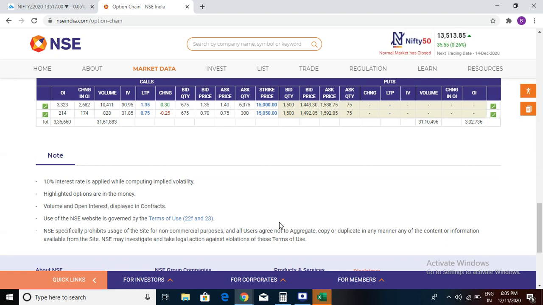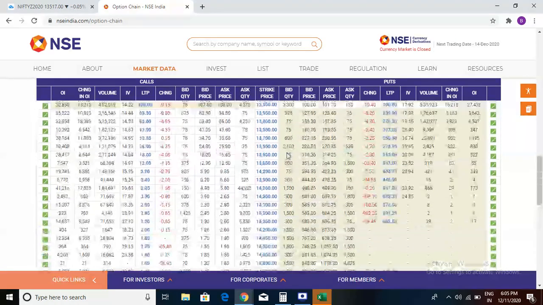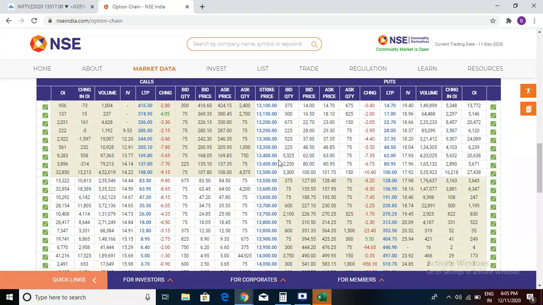Okay, so this is how it is calculated basically, but you can calculate according to yourself. See, if you are an intraday option trader, then the full option chain matters, but what matters the most, 90% of it, is what is happening in your surrounding strikes.